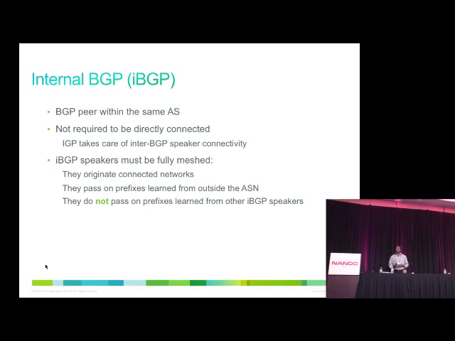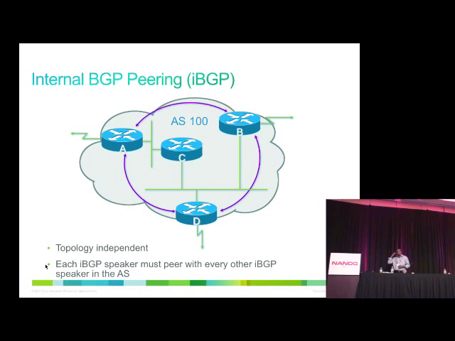But there's a requirement to be fully meshed, and we'll discuss that later on, how to mitigate that scalability issue. It is topology independent, because it runs on top of TCP, and it uses the IGP to reach one another between the routers. It doesn't depend on the topology of the internal network.